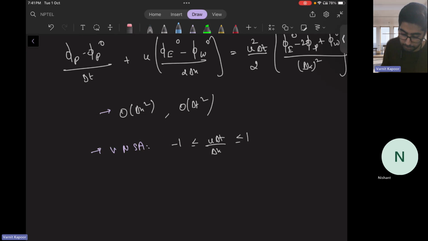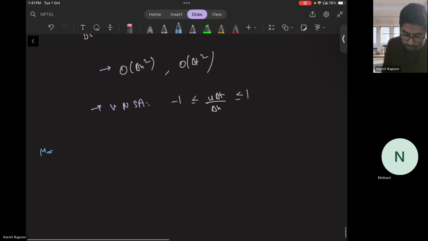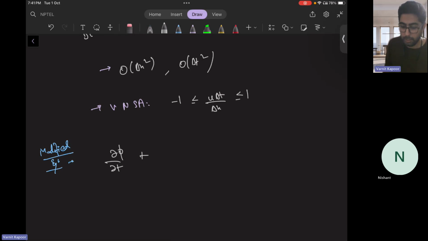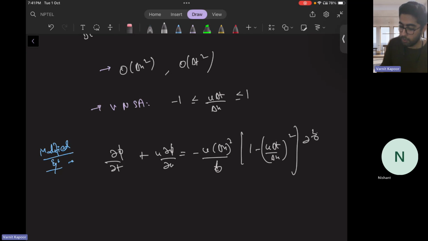So your modified equation will become dou phi by dou t plus u dou phi by dou x equals minus u del x square by 6 into 1 minus u del t by del x whole square, dou cube phi by dou x cube, and so on.